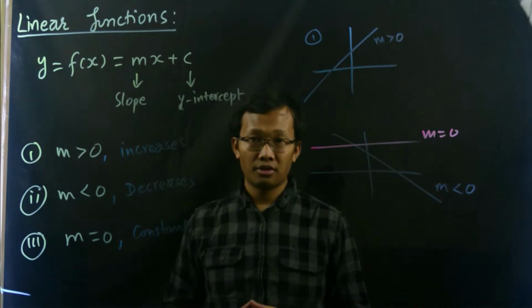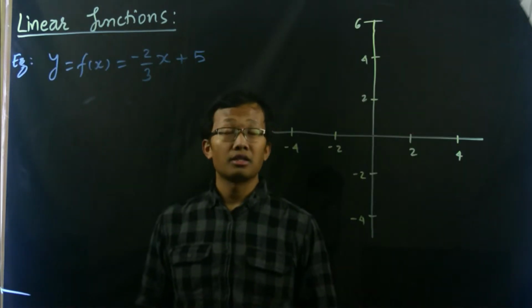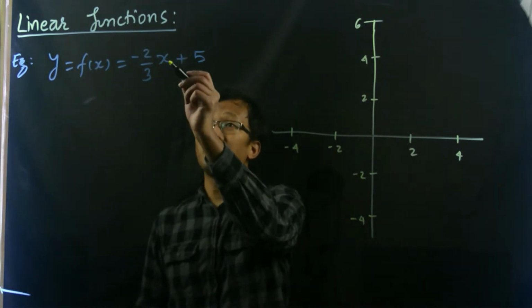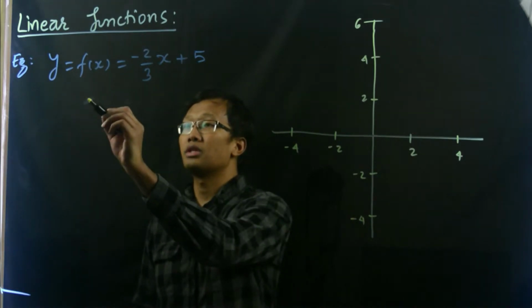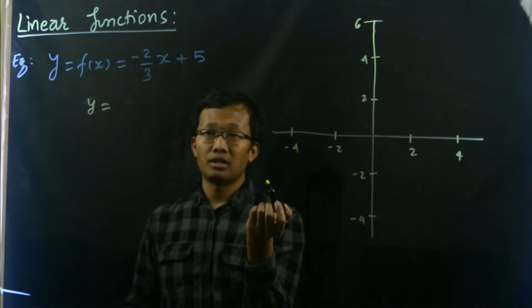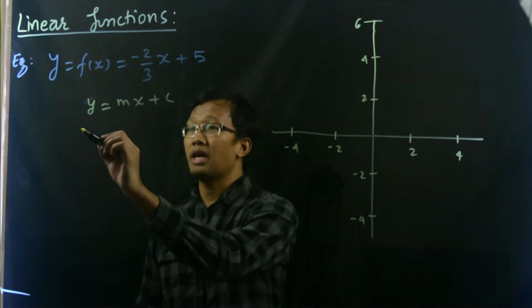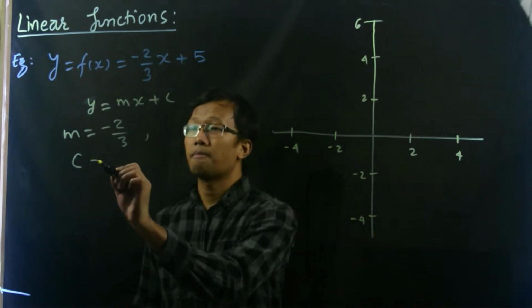Let's go for a few examples of how to graph linear functions. Let us graph this linear function, y equals f of x equals negative 2 by 3 x plus 5. Let us compare this function with the standard slope-intercept form, mx plus c. So m equals negative 2 over 3 and c is 5.